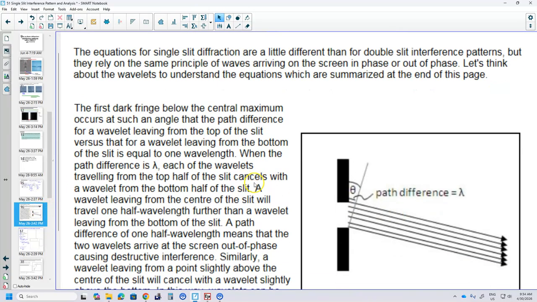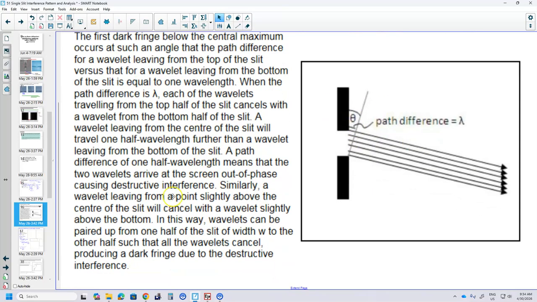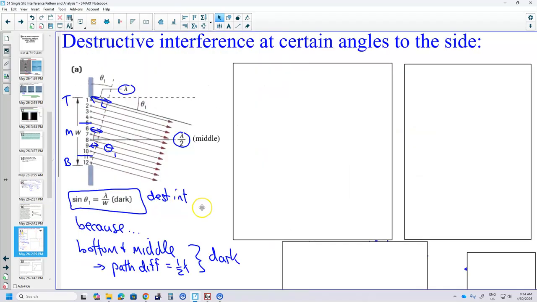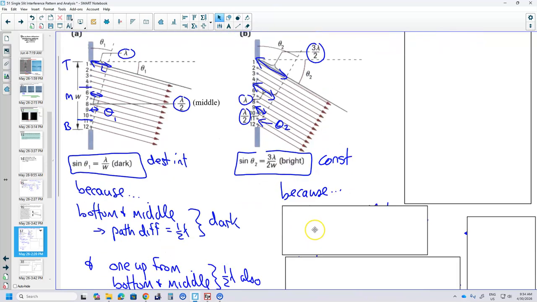And so you get your first dark fringe, okay? That's what this says here. The first dark fringe is going to occur at such an angle where you have a wavelength difference here, and it talks about how you have a bunch of pairs of out-of-phase light combining. Okay, so that's the idea of that one. Then if you go to an angle of 3 halves, you're going to have a bunch of pairs that are a half wavelength off here, a half wavelength off there, and so on.